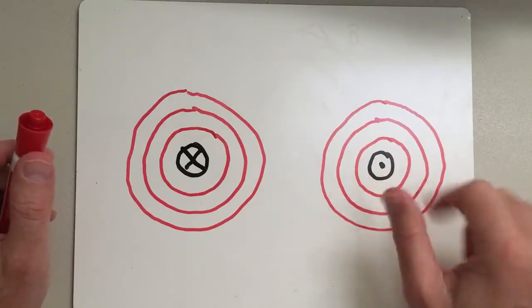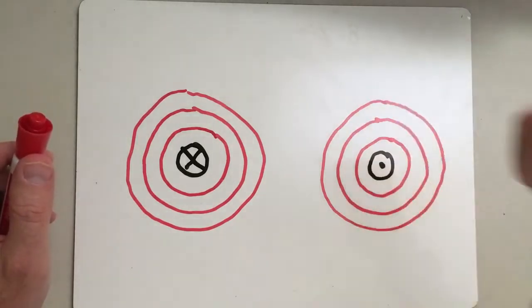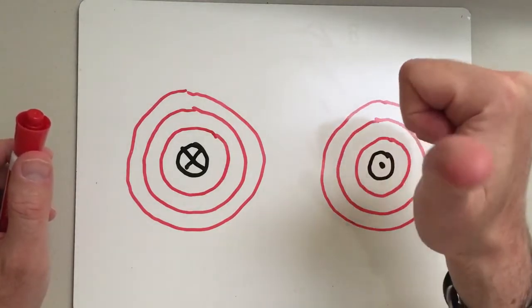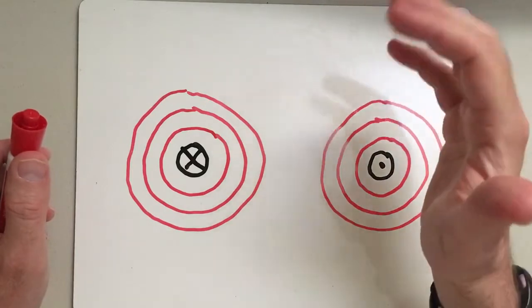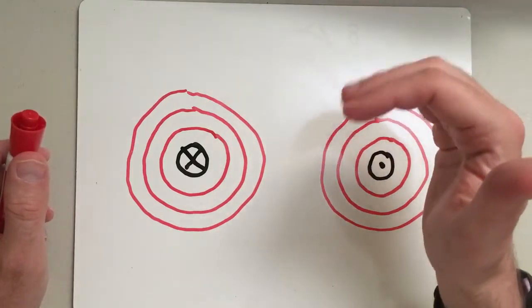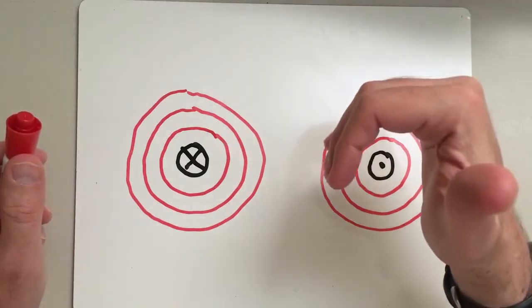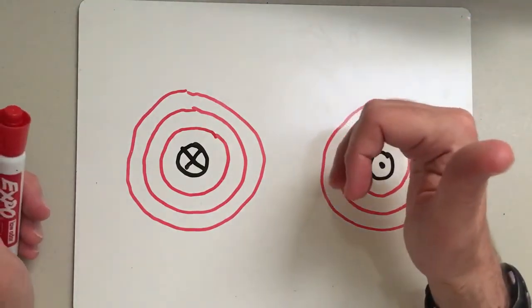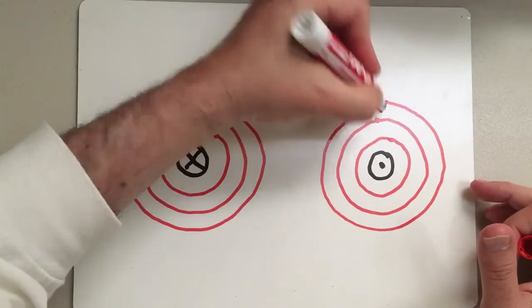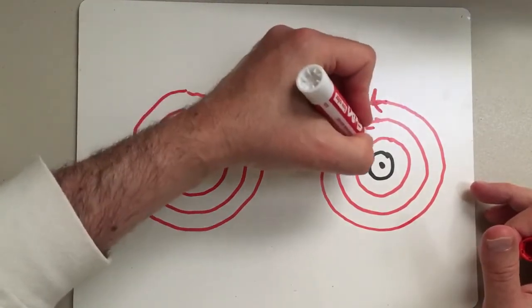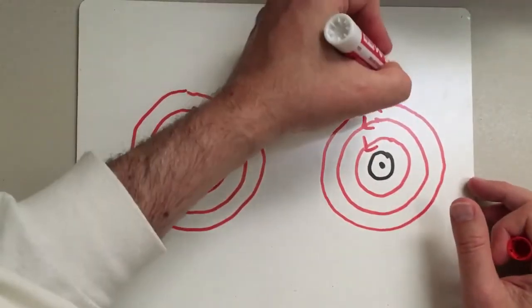So if I start with this one on the right, the current's coming up and out, so my thumb is pointing up and out, and the fingers are curling in the direction of the magnetic field around that current. So in this case, they're curling counterclockwise, and so that tells me that the magnetic field loops are going counterclockwise.